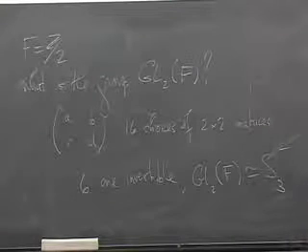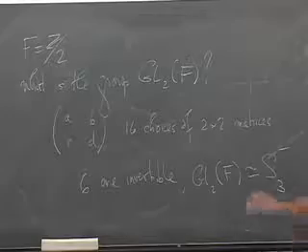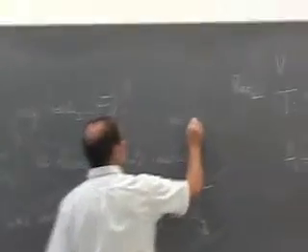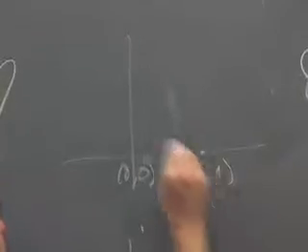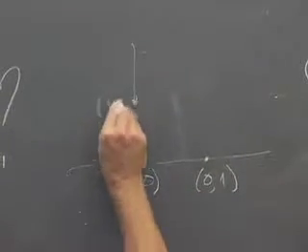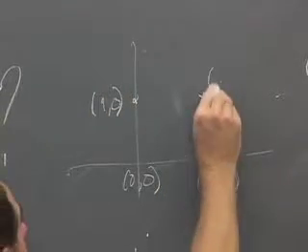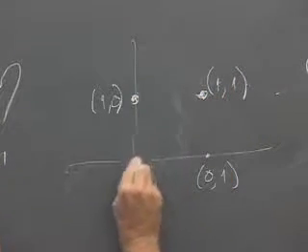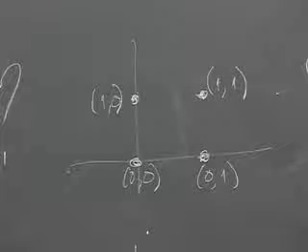What does the vector space F squared look like when the field has 2 elements in it? It has the vector 0, 0, the vector 0, 1, the vector 1, 0, and the vector 1, 1. That's it. There are only 4 vectors in the 2-dimensional vector space over the field of 2 elements.